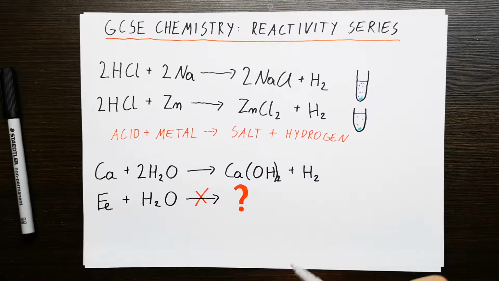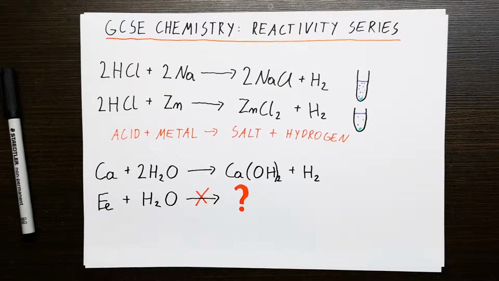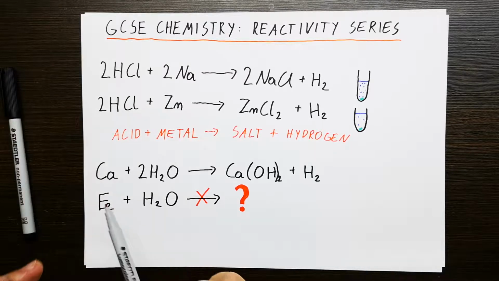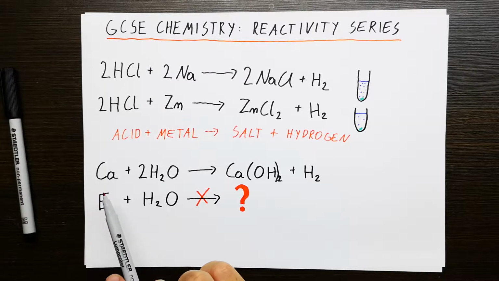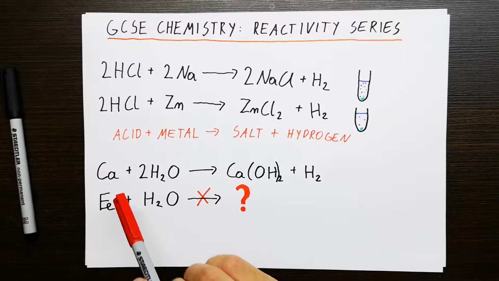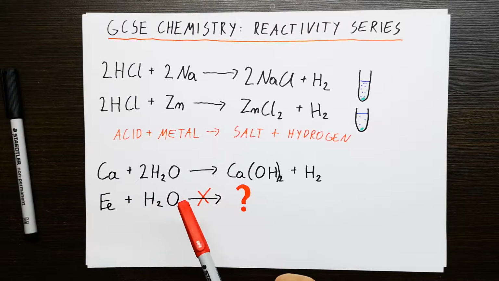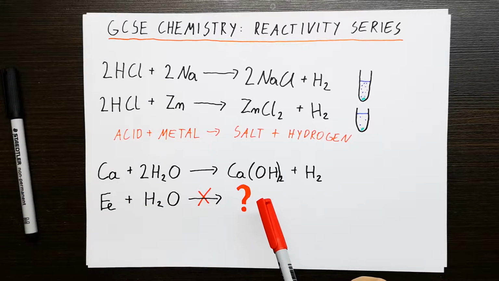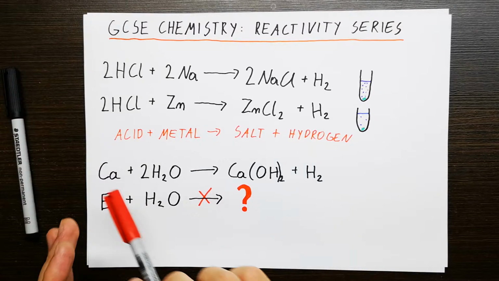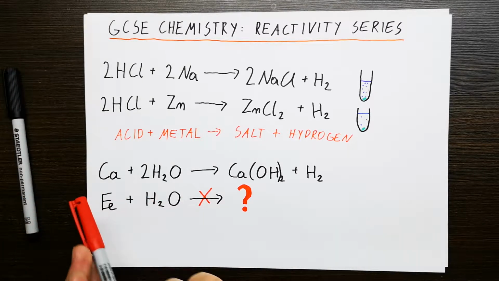Now, another type of reaction we will cover in order to get to reactivity series will be reactions of metals with water. So here we have an example. We have calcium reacting with water to give us calcium hydroxide plus hydrogen. So that's a reaction of metal with water.